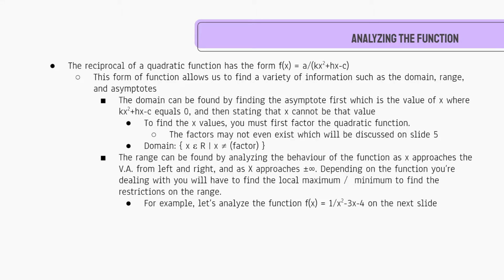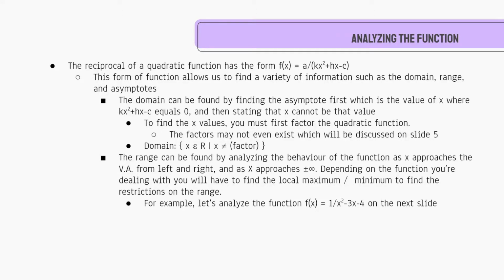What you have to know is that since we're dealing with quadratics, it might be difficult, or even impossible, to find perfect factors, which I will start to discuss on slide 5. For these first couple of examples, I'll be using a factorable quadratic function. So, if it is factorable, the domain will be x is an element of all real numbers such that x cannot equal the factor you found.